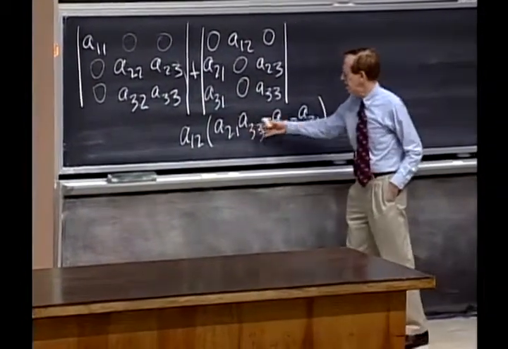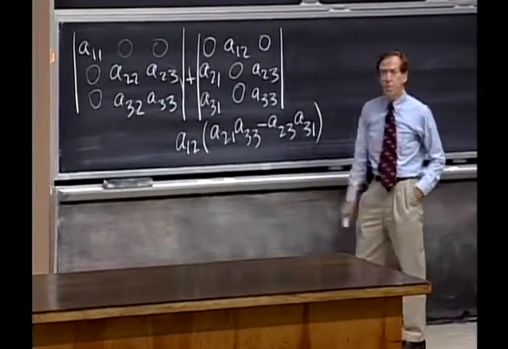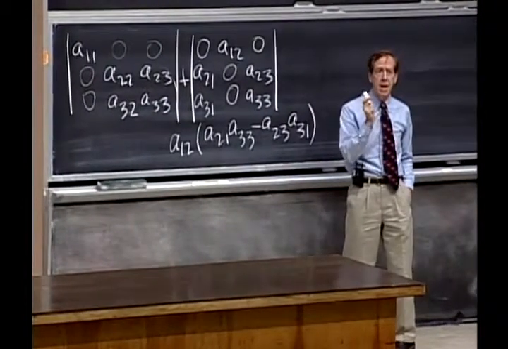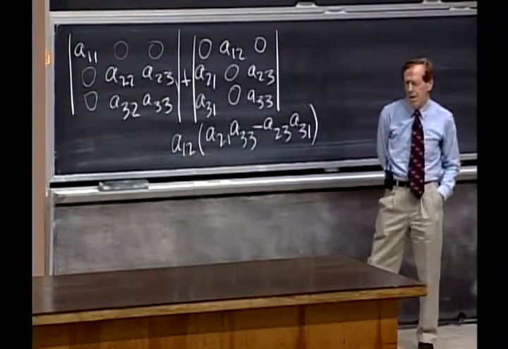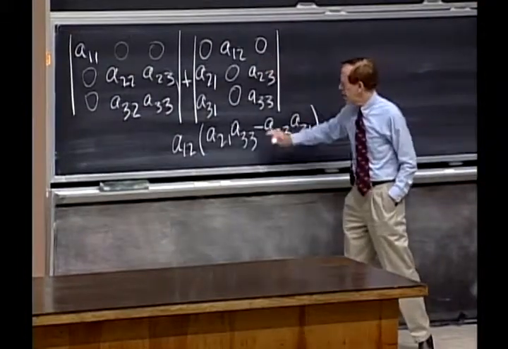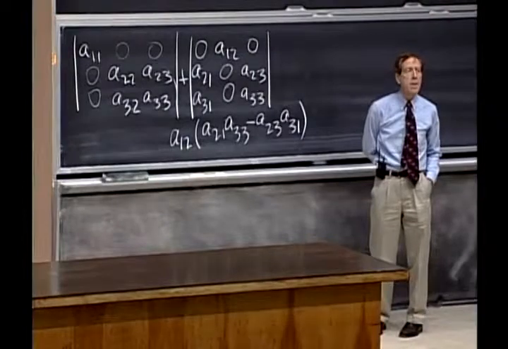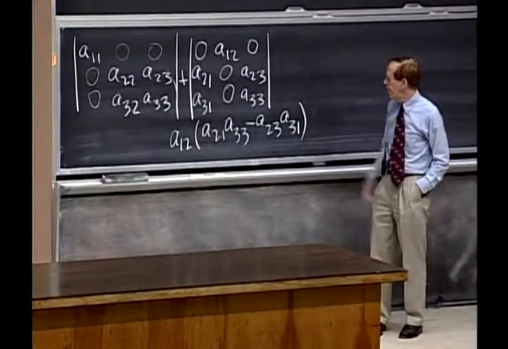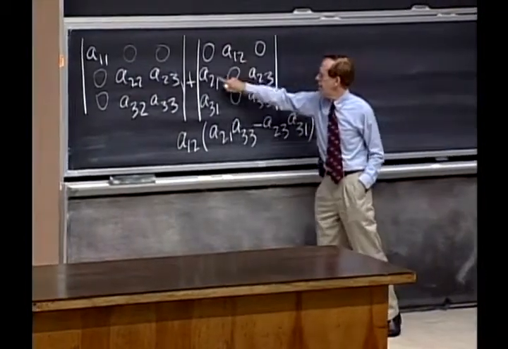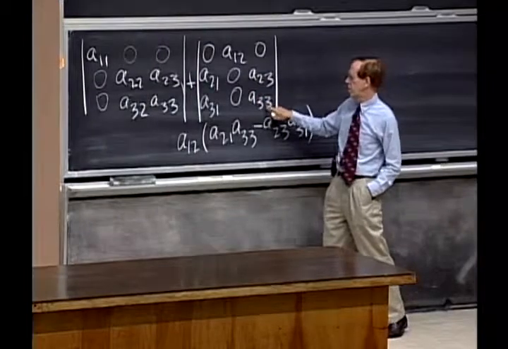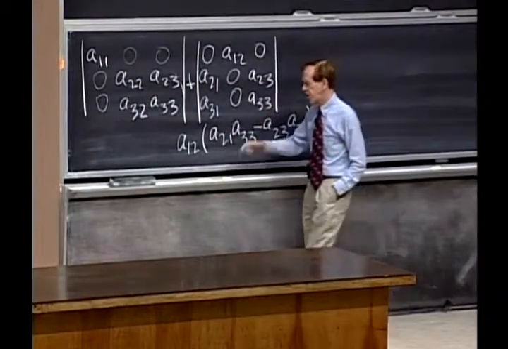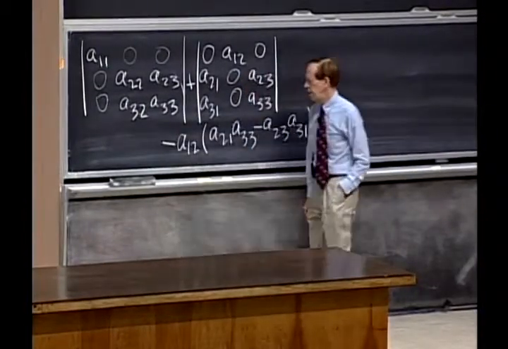So that's all the stuff involving A12, but have I got the sign right? Is the determinant of that correctly given by that, or is there a minus sign? There is a minus sign. It showed up here, but it should have been a minus.